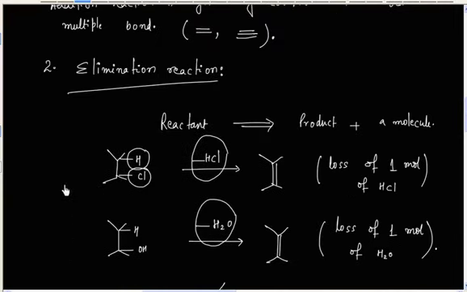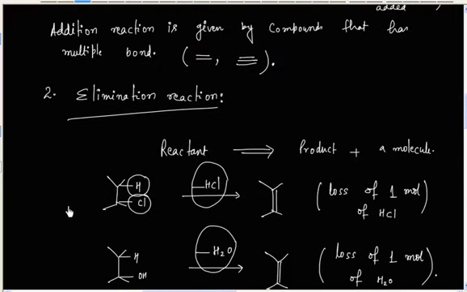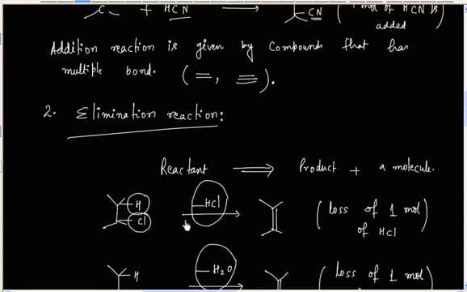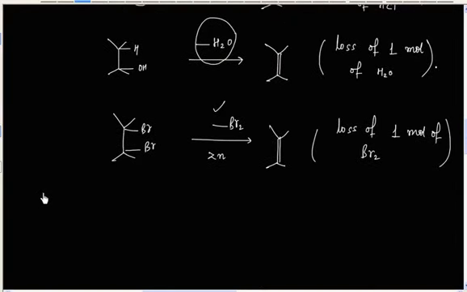So you see, elimination reaction is reverse of addition reaction. In addition reaction we have added. In elimination reaction we have removed. So we can say elimination reaction is reverse of addition reaction.